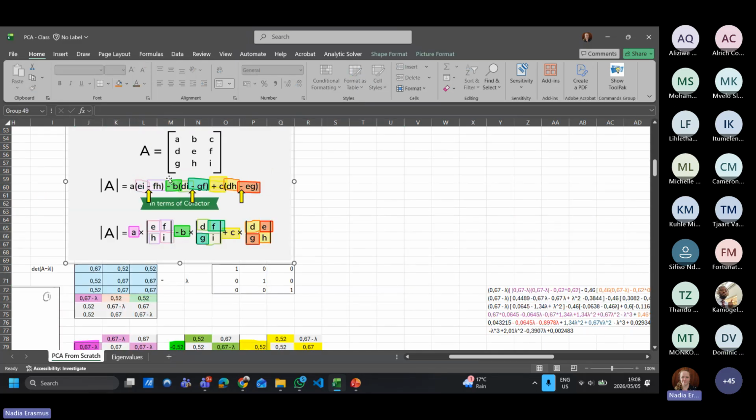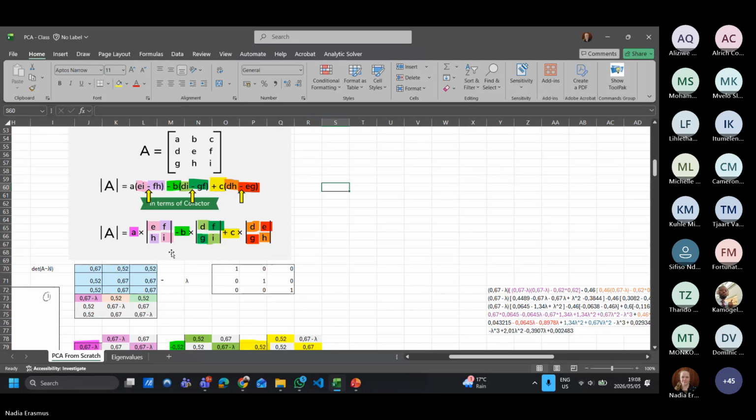Okay, so this is the formula. You have your A, so it's the first value of A minus the B, so it's minus the second value multiplied by the matrix that is left for B, plus your C multiplied by the matrix that is left.